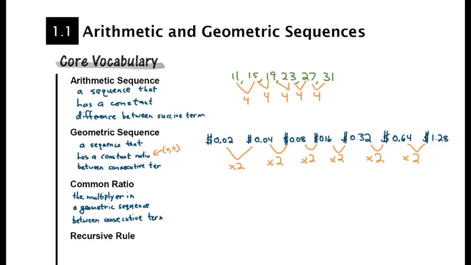And what we mean by consecutive terms, I didn't explain that. By consecutive terms, I mean the first one to the second one to the third one, like this one to this one, this one to this one. That's what I mean by consecutive terms.